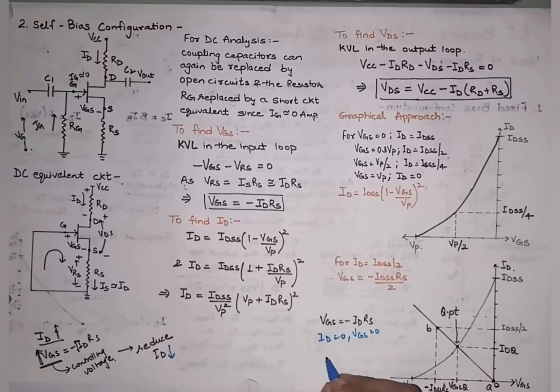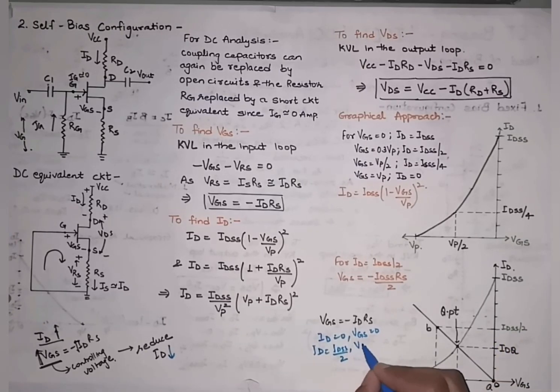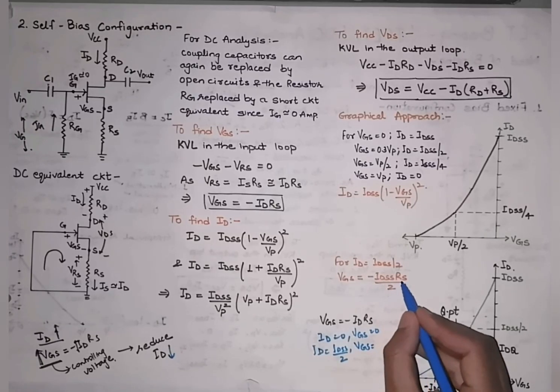Second, we get by putting the value of ID equal to IDSS by 2. Exactly at this point we get the value of VGS, which comes out to be minus IDSS into RS by 2.